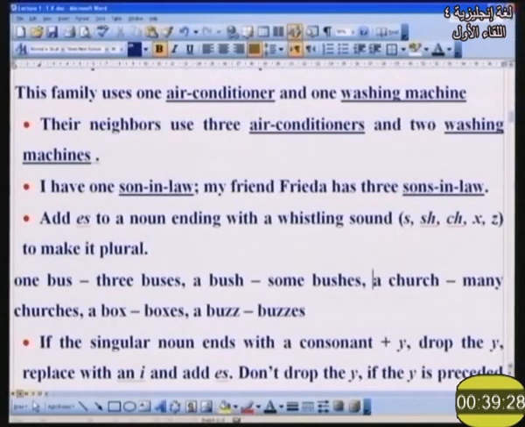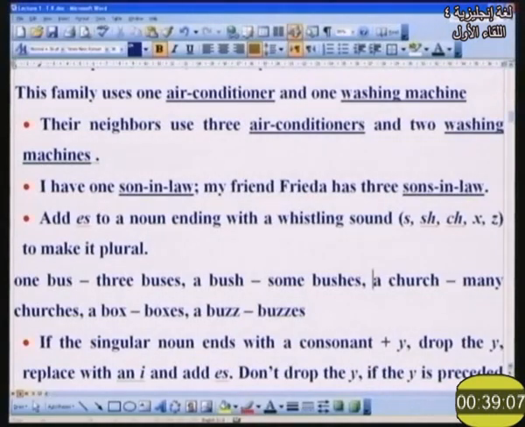One bus, 3 buses. A bush, some bushes. A church, many churches. A box, boxes. A buzz, buzz means رنة, okay, ring, buzzes. These are examples of the 5 different spellings that get an ES.